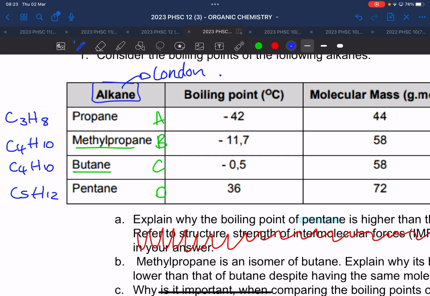No, that's not why they need to have the same molar mass. Yes, Mama? Because they have the same amount of carbons and hydrogens. Yes, but you're not saying the thing I want you to say. Yes, it's true, but that's not what I want.